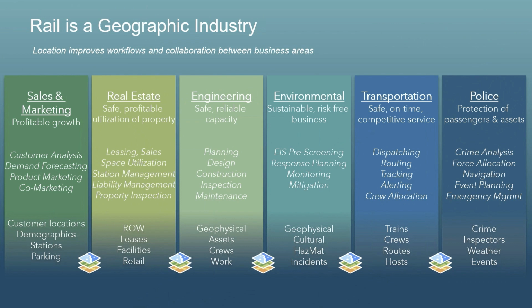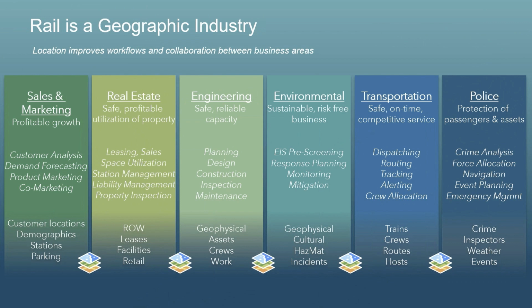So let me start very briefly by pointing out what all of you know, which is that railroads and railway agencies are really all based on geography and location, whether that's all of your divisions, sales and marketing, your real estate, your engineering, environmental, all the way including safety and security.